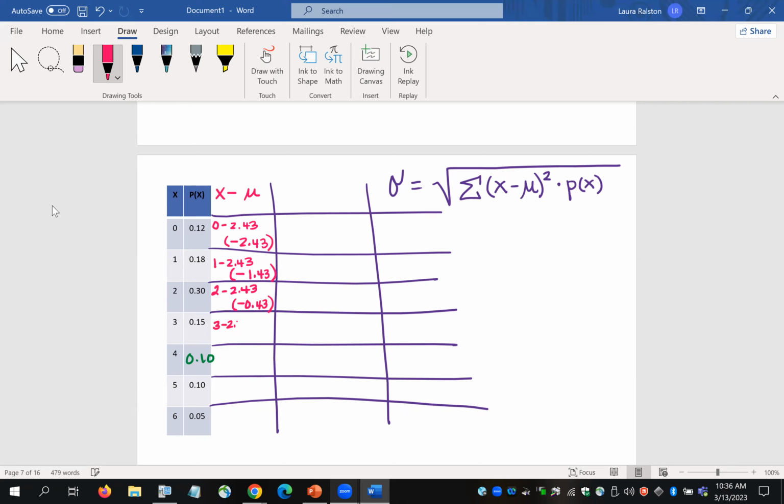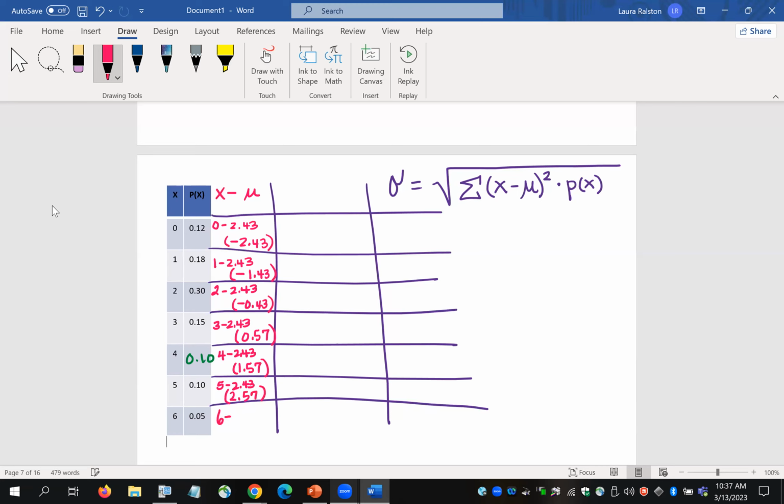3 minus 2.43, and I'm going to get my calculator for that one. 3 minus 2.43 is 0.57. 4 minus 2.43 is 1.57. 5 minus 2.43 is 2.57.